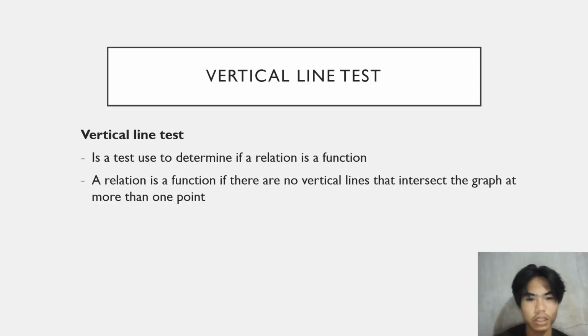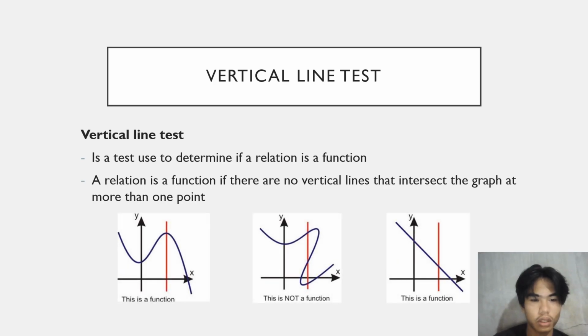So if a function is a special type of relation, how do we determine it? Well, we use the vertical line test. A relation is a function if there are no vertical lines that intersect the graph at more than one point. To illustrate this, we are going to see an example.